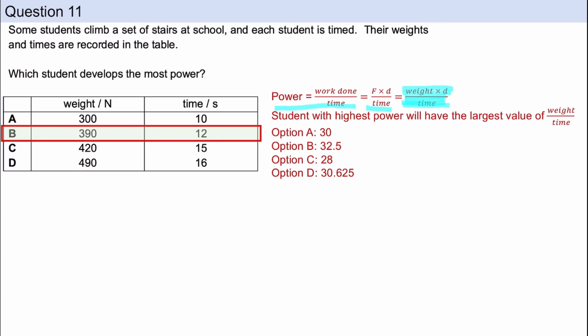So the student with the highest power will have the highest value of weight divided by time, because distance is the same. Using weight divided by time, student A is 30, student B is 32.5, C is 28, and student D is 30. So student B will develop the highest power.